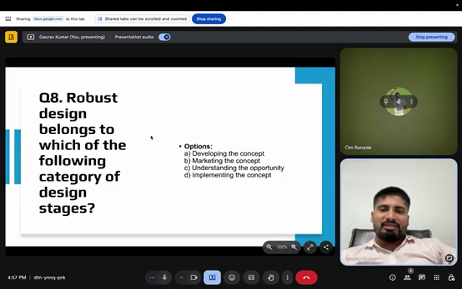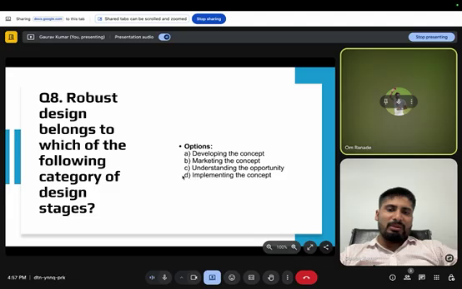Developing the concept is not right. Implementing the concept. Inventing the concept. No. Implementing the concept. Yes. Option D is the right one. Implementing. You are saying this one. Implementing. Yes, yes. This is the correct one.